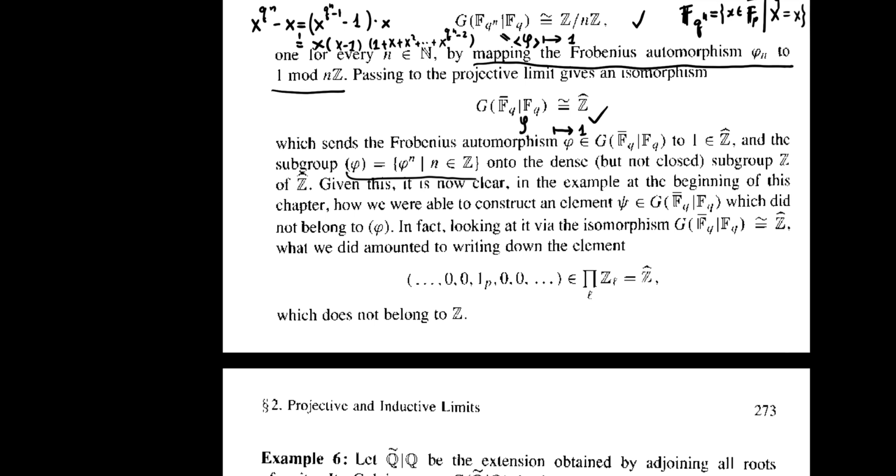In fact, looking at it with the isomorphism, what we did amounted to writing down an element which does not belong to it. So we constructed an element, but it is not Frobenius.